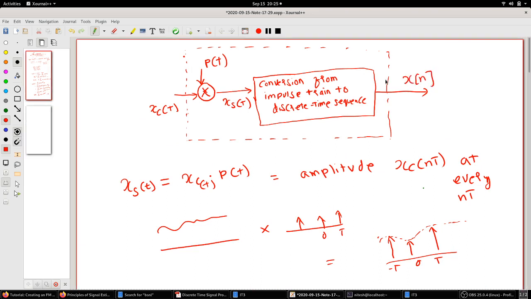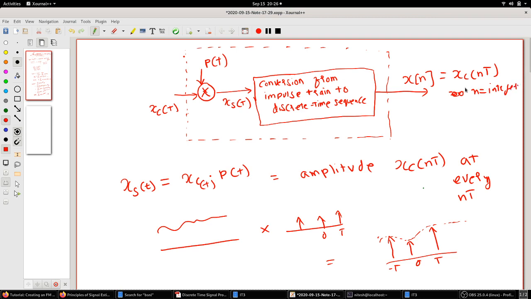It has a relationship with xc of t, that is, it is equal to xc of nT at those time instances, and it is 0 otherwise, when it is not having any value. It is 0 at any other time instant. Only for n as an integer it exists.